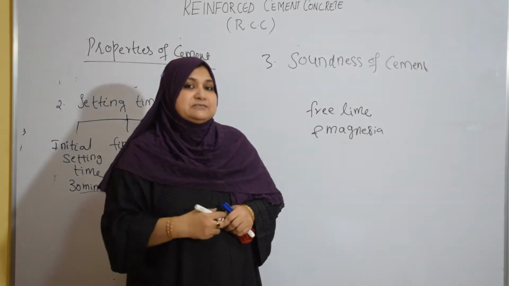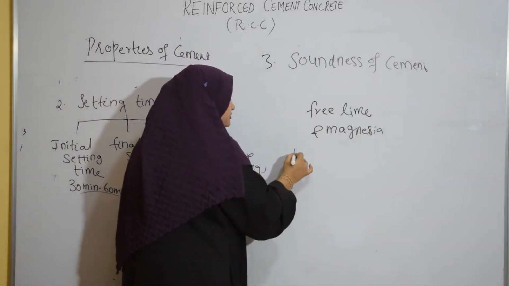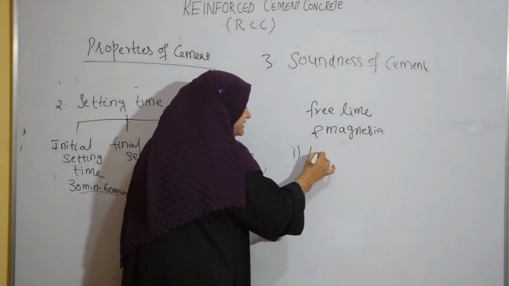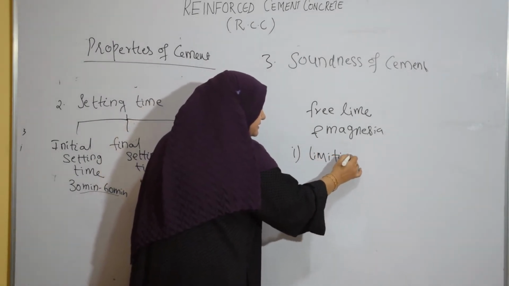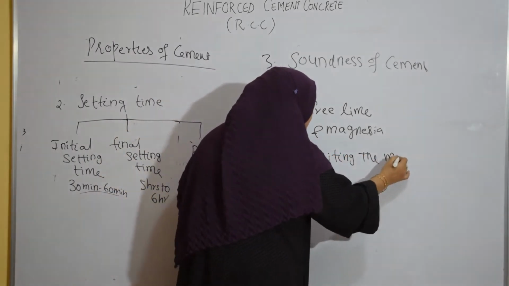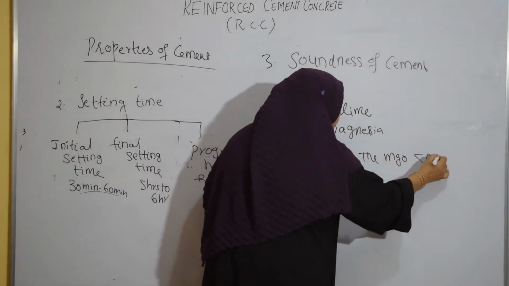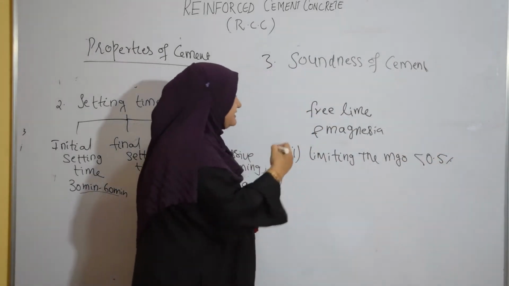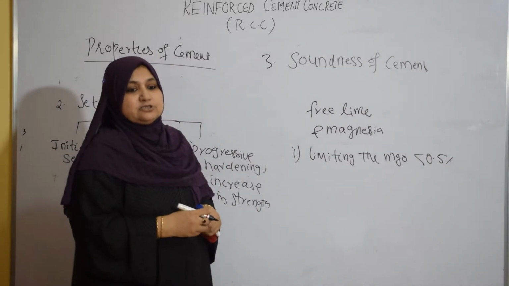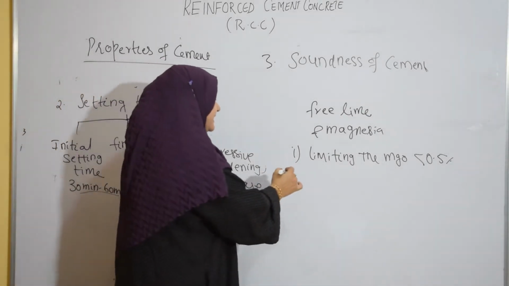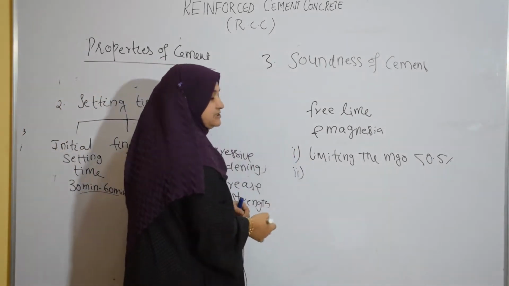So we can reduce the unsoundness by limiting the content of magnesium oxide to less than 0.5%. If you limit the content, then you can reduce the soundness problem.